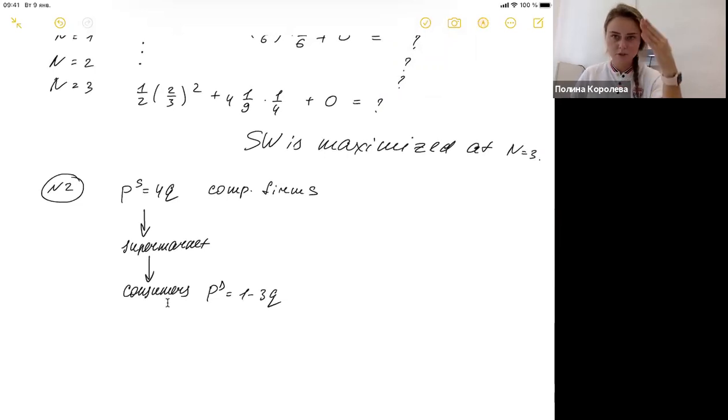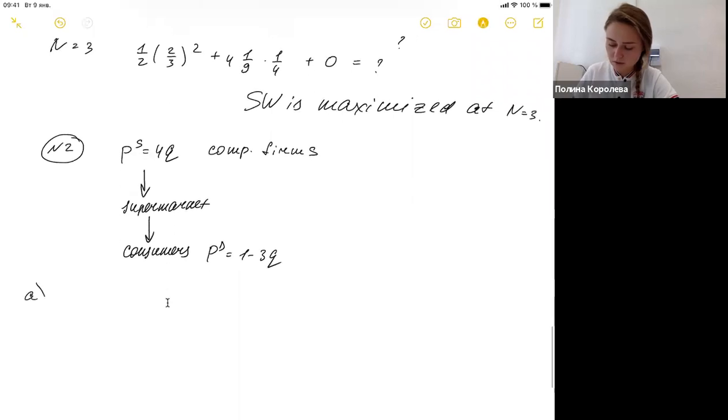So we have such a vertical relation, yes? And we need to calculate the price which the supermarket will pay to the apple producers and the price which consumers will pay. So in point A we need to find what will be the price for consumers and what will be the price for these apples.